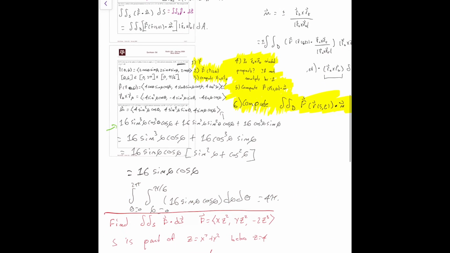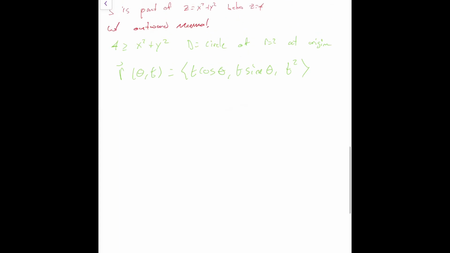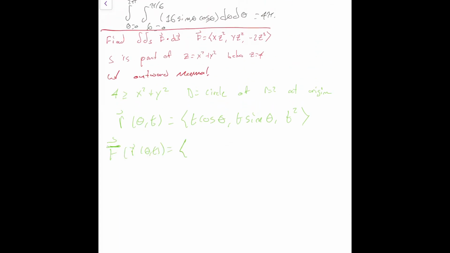The first component is x times z squared. Z squared is t to the power of 4, so this is t to the power of 5 cosine theta. Then we have yz squared. This is t to the power of 5 sine theta. And then minus 2z cubed. This is minus 2 times t to the power of 6.